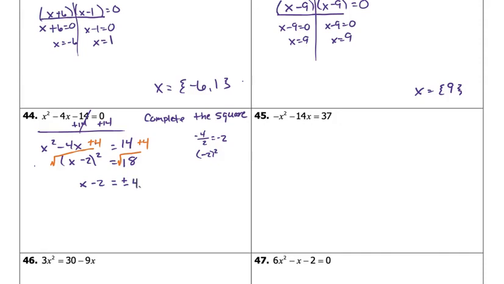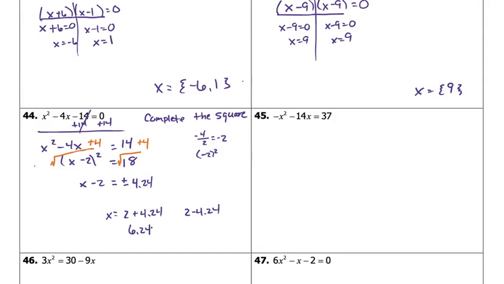Let's go 4.24. Now we're going to have to add the 2 over. So x equals 2 plus 4.24 and 2 minus 4.24. The first one is going to be 6 and 24/100ths.